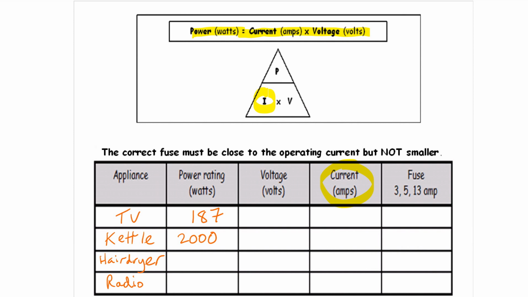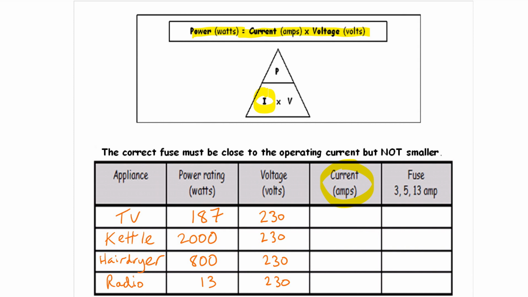The hairdryer is going to be at 800 watts. And the radio is the piece of equipment with the lowest power rating at 13 watts. Now the voltage, if any of these were to be plugged in using a 3-pin plug, the voltage of course would be 230 volts.